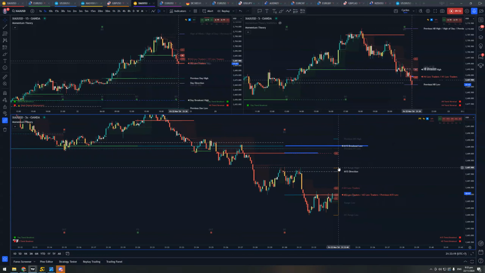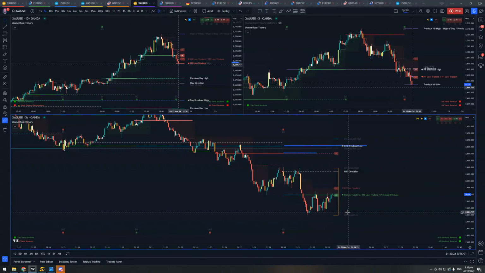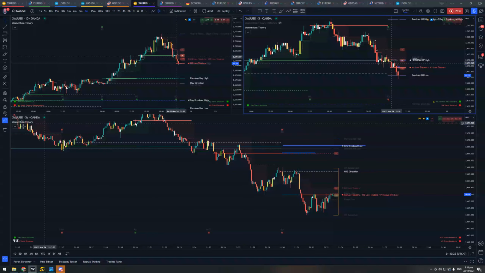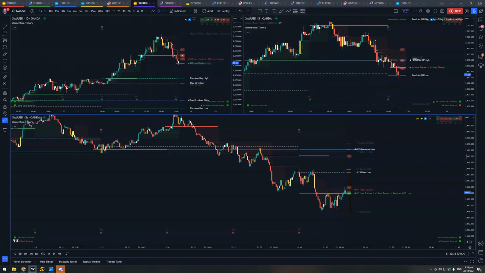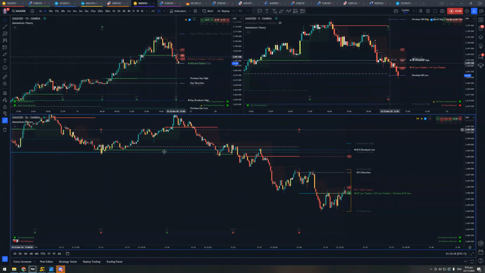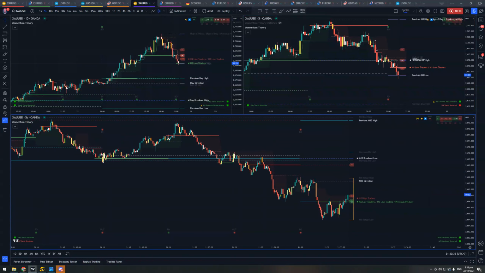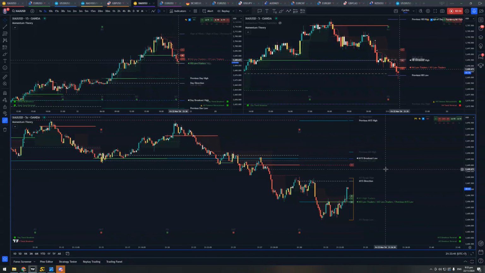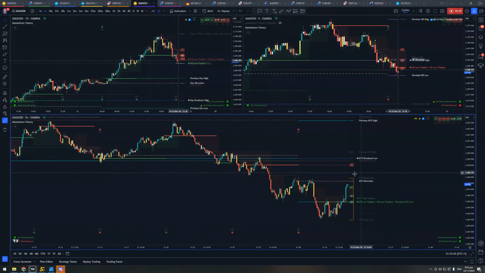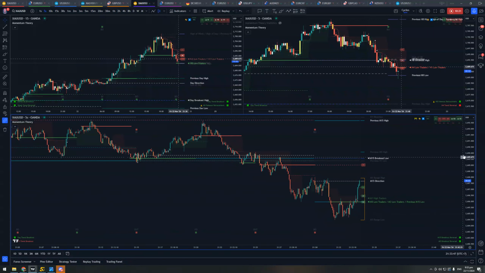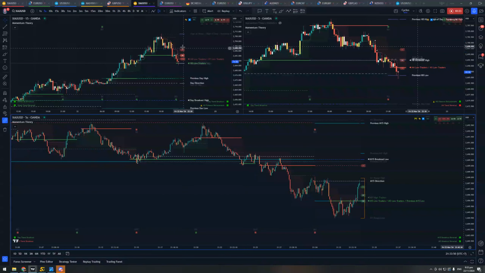Okay, so the M1 closed in a range, probably an inside bar in the M1. So breakout reversal on the M5, but I don't want to go against this.